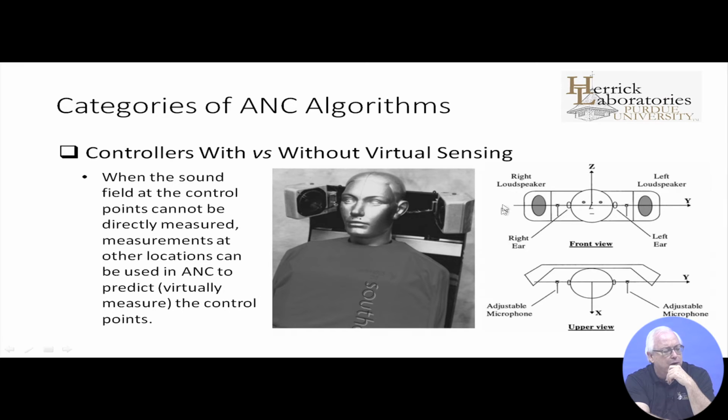because, as I say, you can perhaps put microphones somewhere relatively close to the ears, but inevitably they're not going to be at the ear locations. So there's a lot of work that goes into so-called virtual sensing, where you adjust the signal that's measured at one point to represent the signal that exists at another point, right?